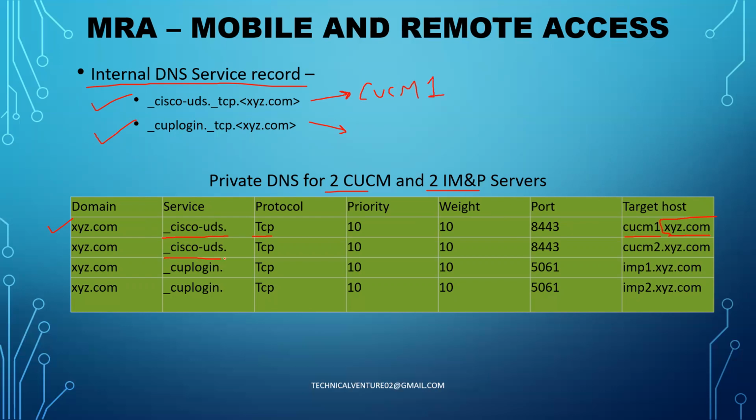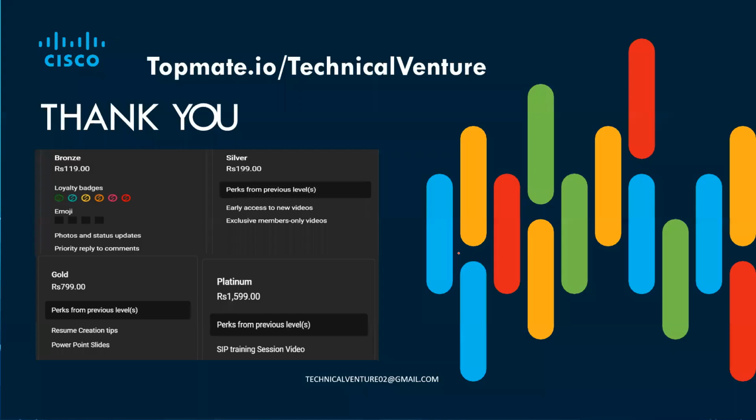For another one, I will put the CUCM2 IP. For this cup login, I will put the IM and Presence 1 and IM and Presence 2 IP details or the host names. So this cup login would be underscore cuplogin dot underscore tcp dot xyz.com. I hope this is clear to you, the private DNS service records and the public DNS service records.